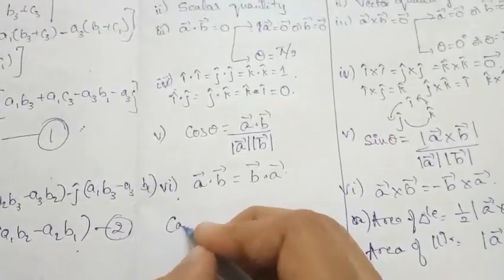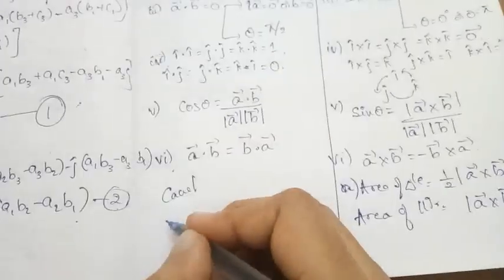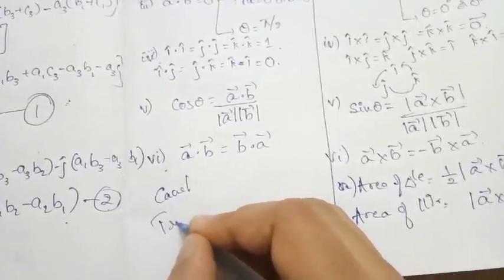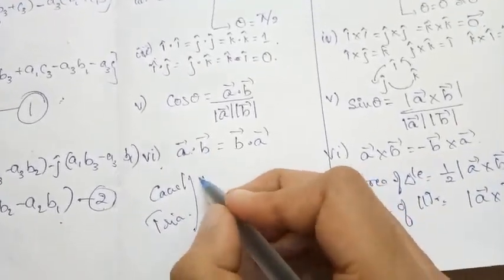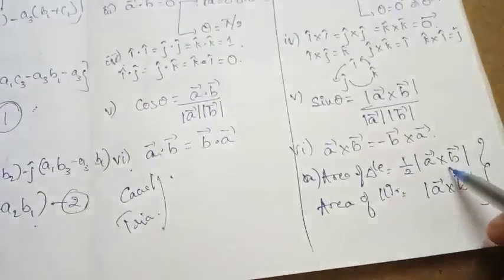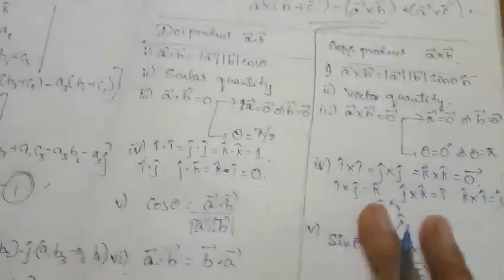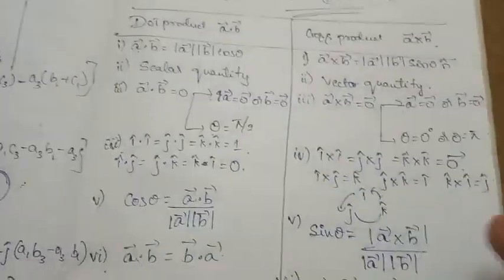We have also studied the Cauchy-Schwarz inequality and the triangle inequality, but these do not come under the dot product; it just gives the relation, whereas these two come under the cross product itself. So these are the major differences between the dot product and cross product.